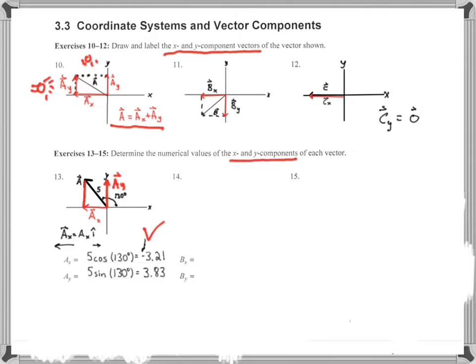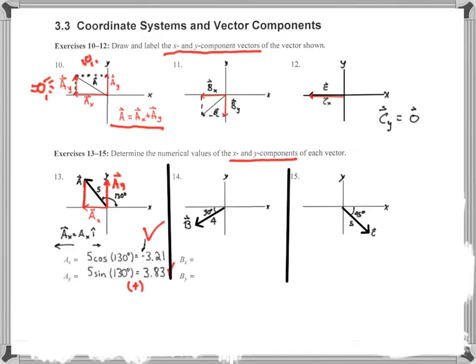So Ay is 5 times the sine of 130 degrees, which gives you 3.83. Notice that the sign is positive, and since Ay is pointing up, that's the sign that we were expecting. So it should be positive. That's correct.